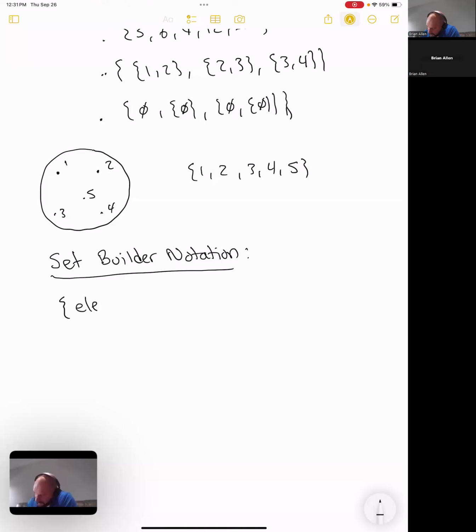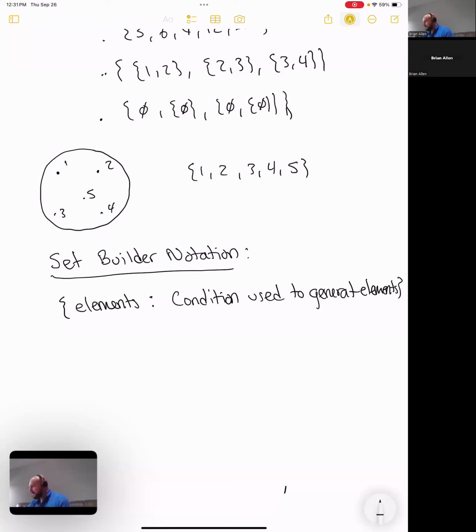It's going to be some elements. This is just a general description. I'll give you some examples. So we're going to describe elements somehow, and then some condition used to generate elements.